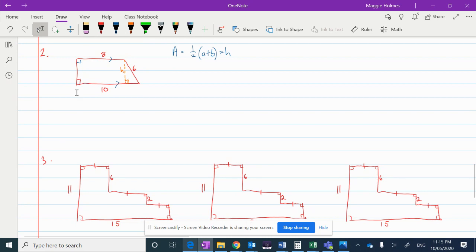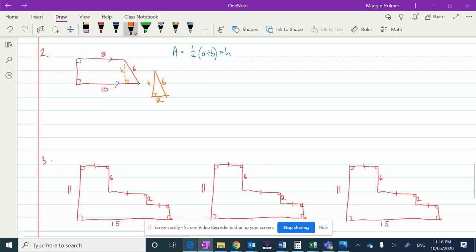Do we have enough information to figure out H? Yes, we do. You can see we've created a little triangle here, and this little triangle, we'll just redraw it out here. Hypotenuse of 6, trying to find what H is. This little bit at the bottom is the difference between the 8 and the 10, right? So up to here is 8, and you've got 2 more to make the 10, so that little distance there is 2.